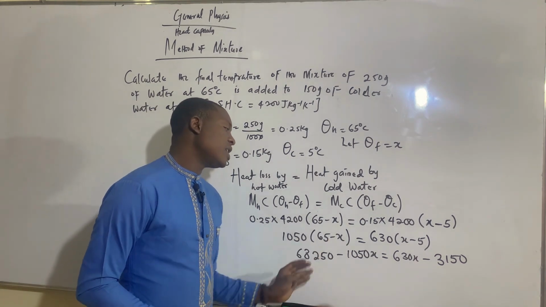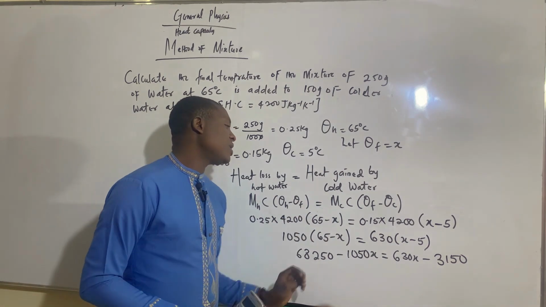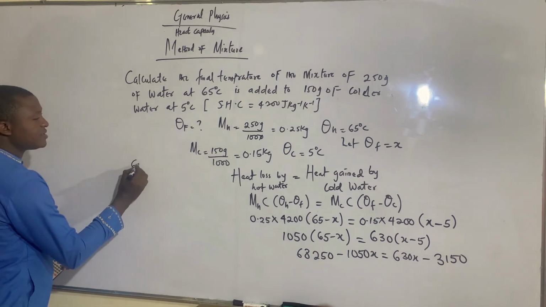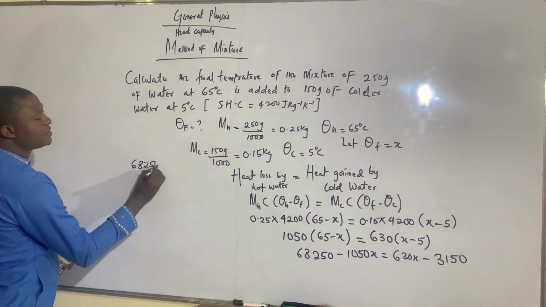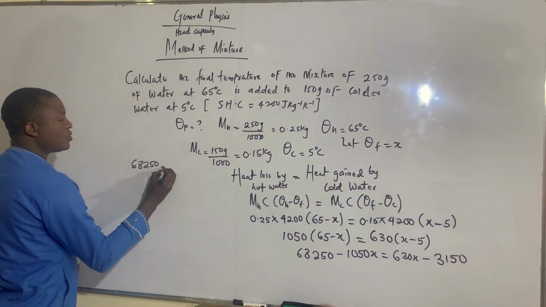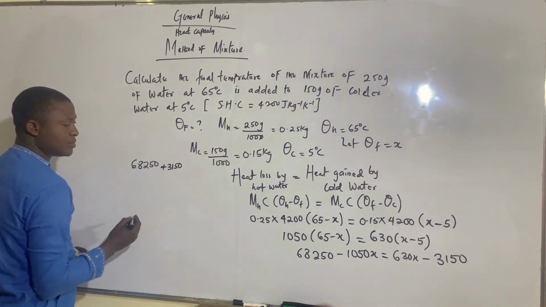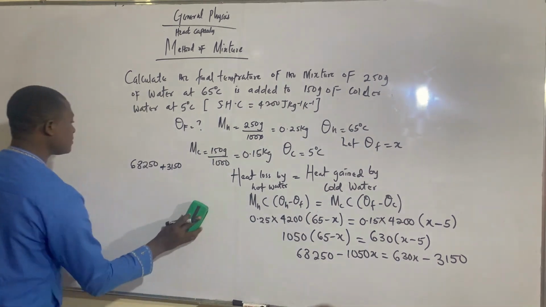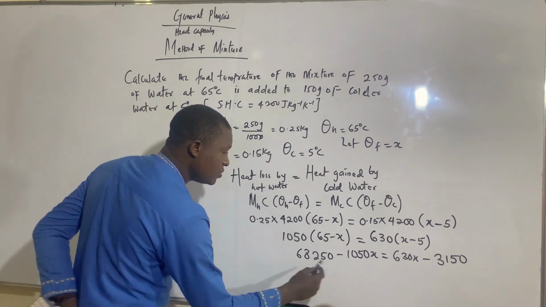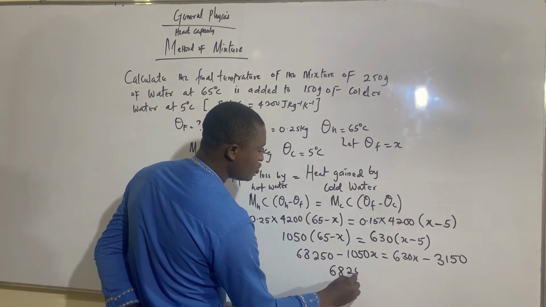So now the next step is to collect the like terms. Those who have X to one side, the one without X to the other side. So now I can have the result here to be 68250. Now this is another number without X. If I collect like terms, from here we have 68250.